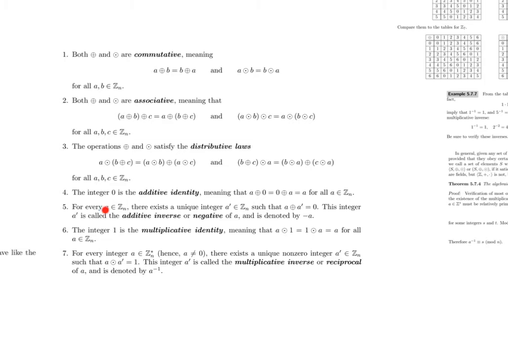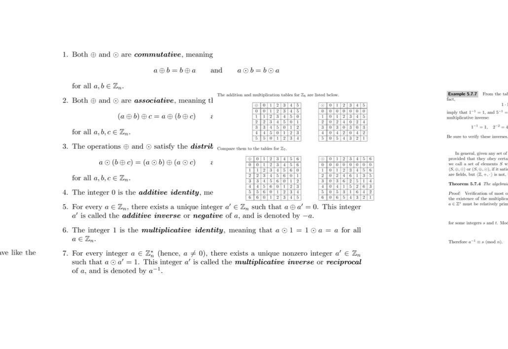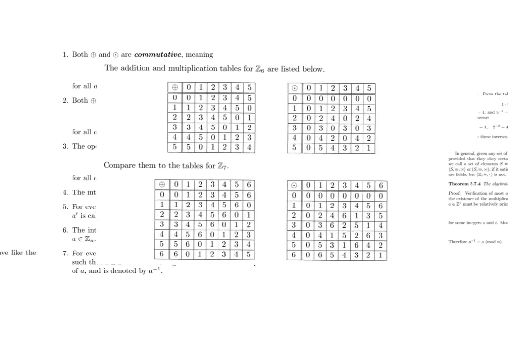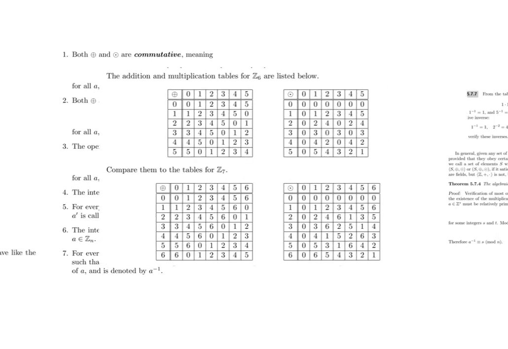For every a in Z mod n, there's a unique integer that you can add to it to get 0. That's the additive inverse. So just taking a quick peek back at the table, and notice I'm saying additive, not multiplicative right now, what is the additive inverse of 4 mod 6?